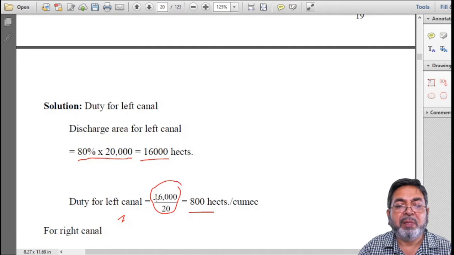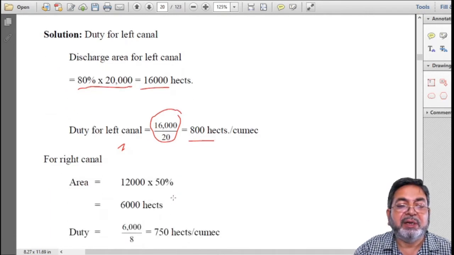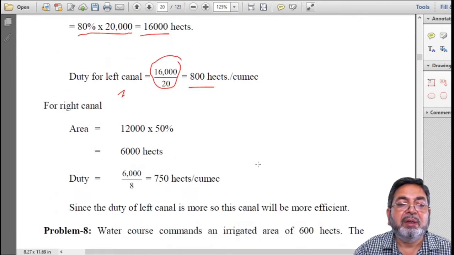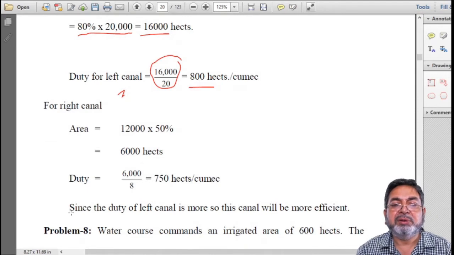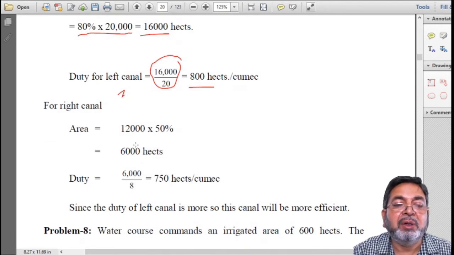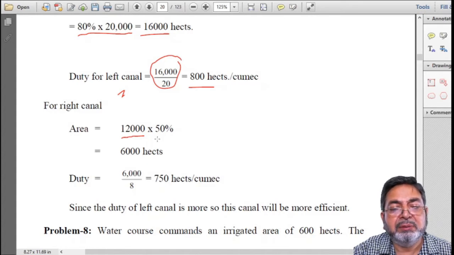Now come to right branch canal. The area was given to you as 12,000 hectares for right branch canal, and the intensity of irrigation for this side of canal was given to you as 50%.